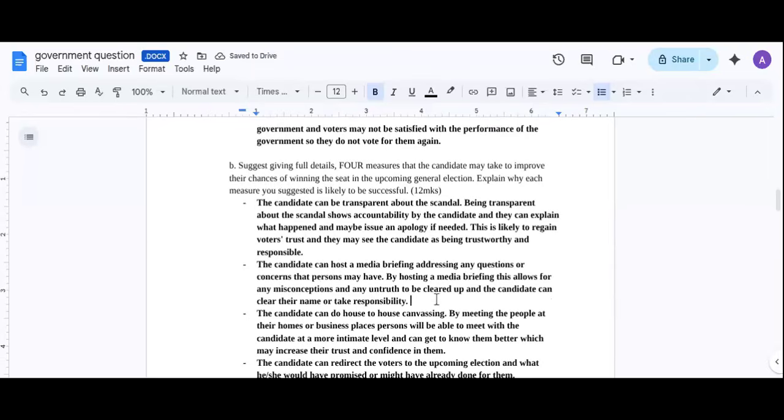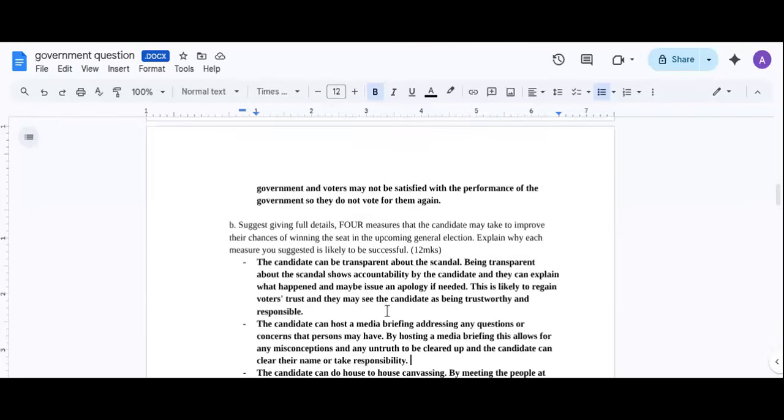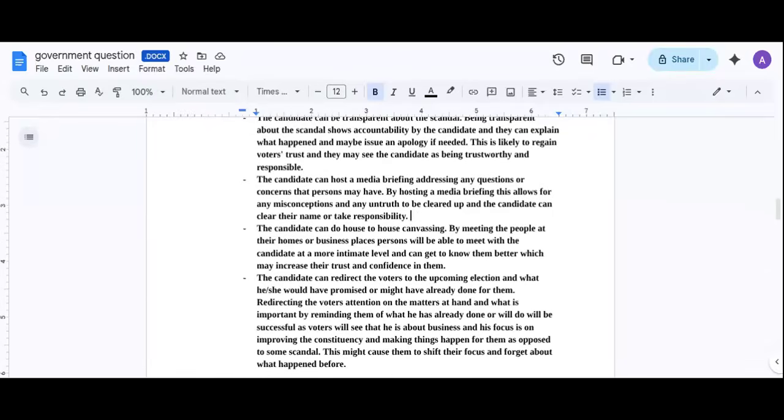By hosting a media briefing, this allows for any misconceptions and any untruth to be cleared up, and the candidate can clear their name or take responsibility. Because the question doesn't say that the scandal is true. So it could just be rumors. So they could host a media briefing to clear up their name.